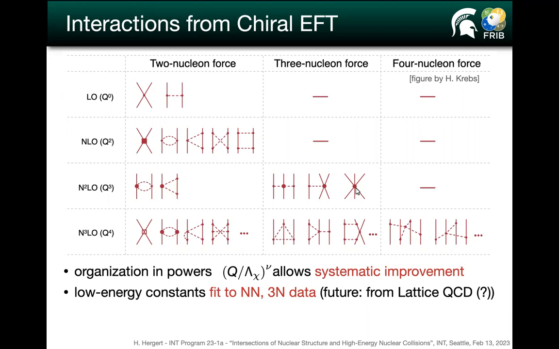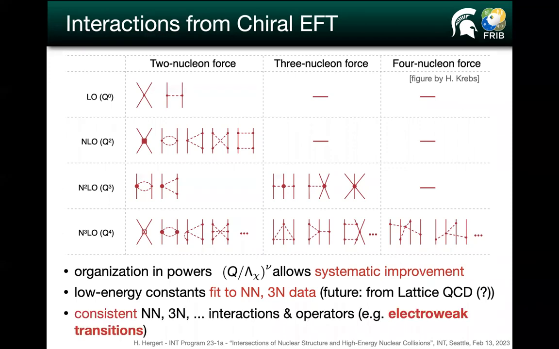However, there are some tensions there if you try to do that, and some of the folks, including some people in the room, have proposed that maybe we should incorporate some data of infinite matter or slightly heavier nuclei into the fits of these nucleon low energy constants as we construct interactions.